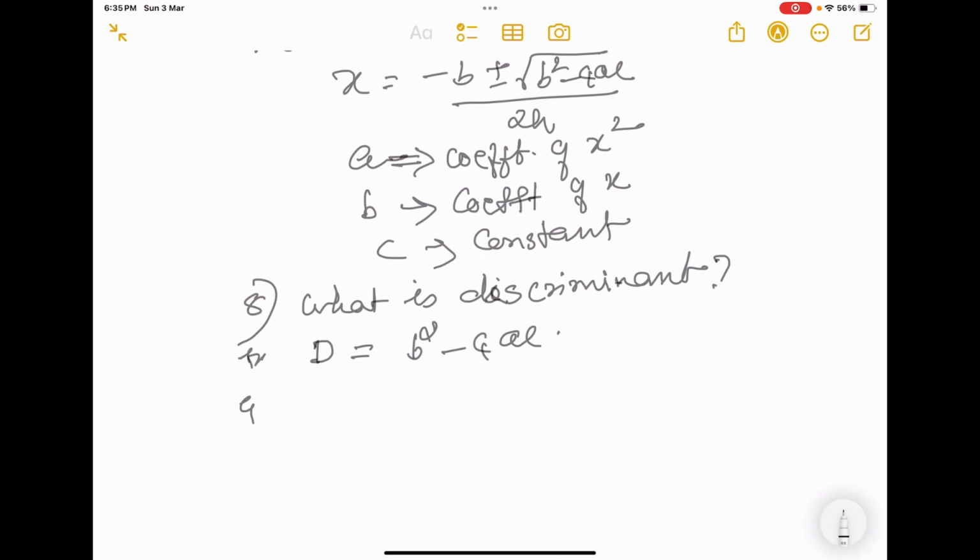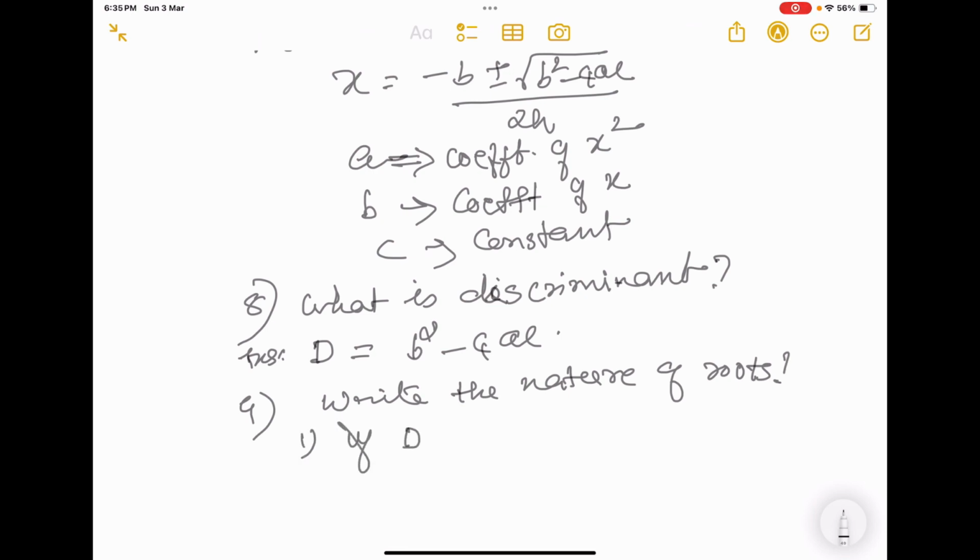Next question, write the nature of roots. First, if d less than 0, no real roots.